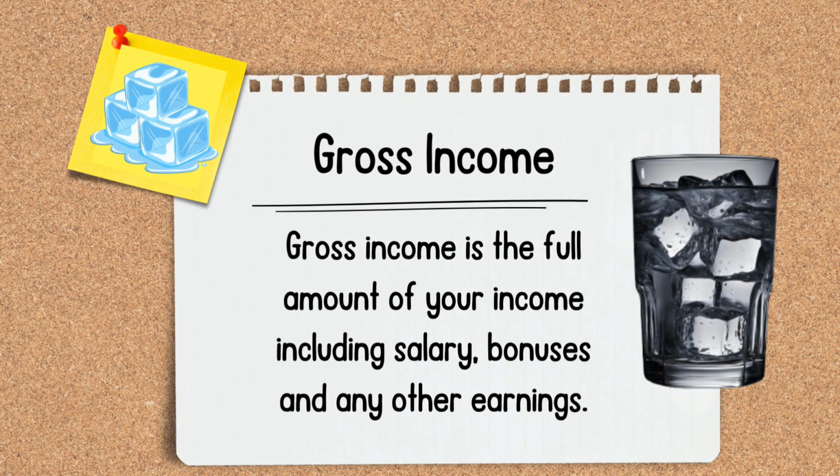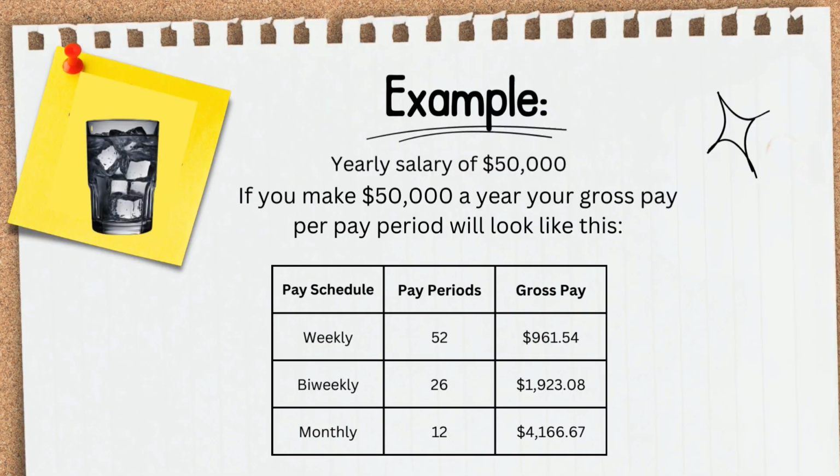So how do you calculate gross pay? To figure out your gross pay as a salaried employee, take your annual salary and divide it by the number of pay periods in 1 year. So if you're making $50,000 and get paid weekly, your gross pay per paycheck would be $961.54.